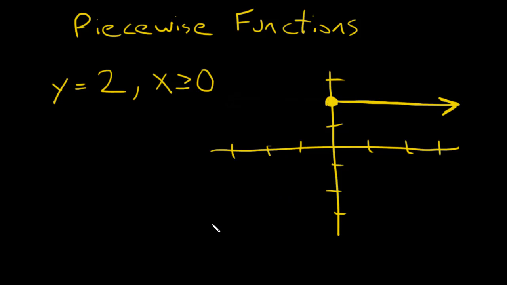Okay, let's do a different example. Let's clear the board. And let's say maybe y equals -1. And it's going to live for x values x less than or equal to 3.